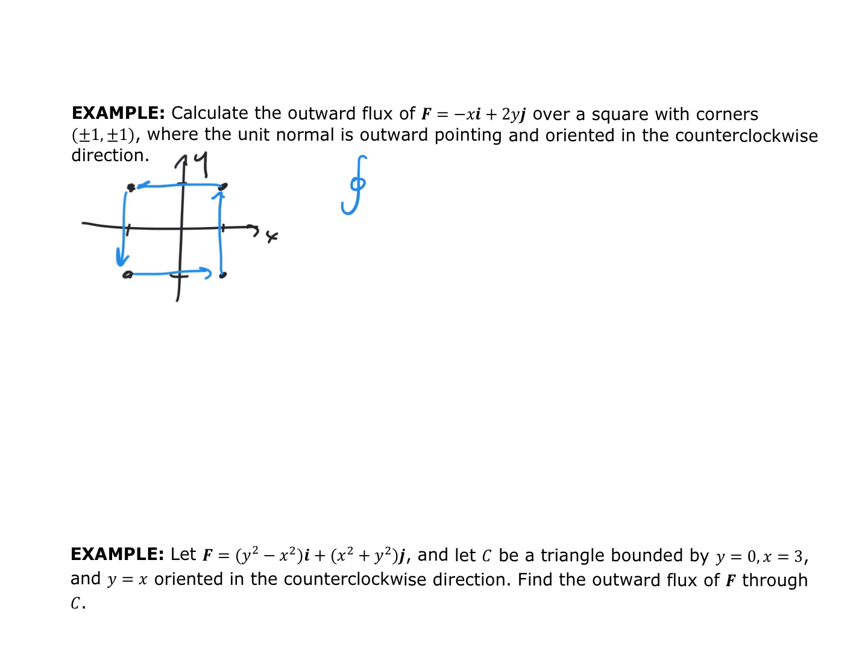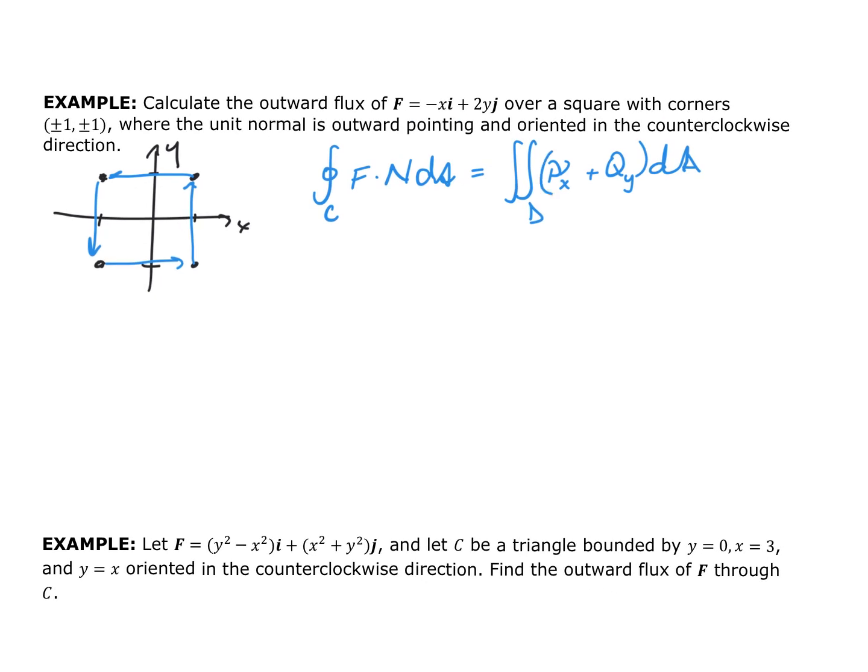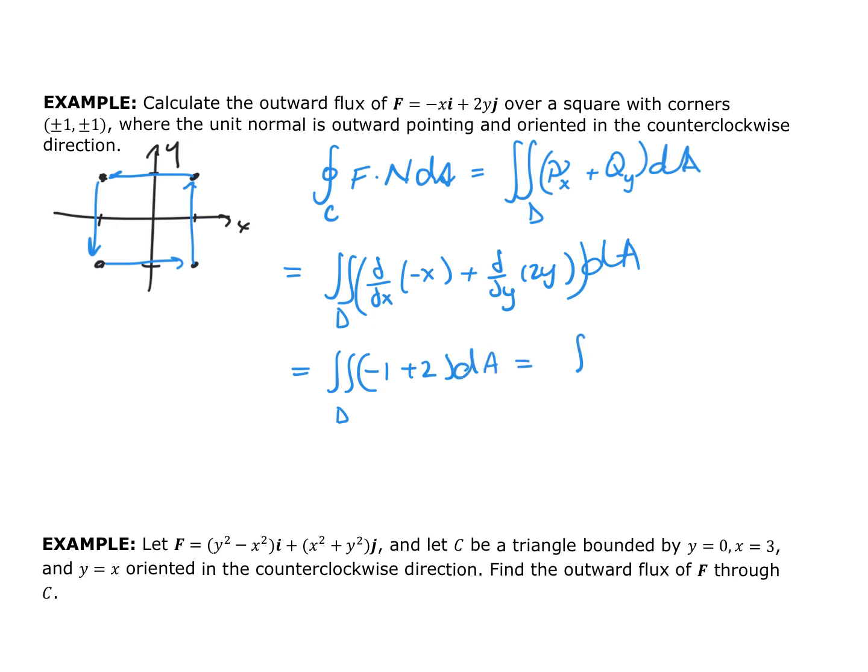So the flux along the curve C of F dotted with n ds has to be equal to the double integral over the region D of the partial of P with respect to x plus the partial of Q with respect to y, dA, which is going to be equal to the double integral over the region D of the partial with respect to x of negative x plus the partial with respect to y of 2y dA, which is going to be the double integral over the region D of negative 1 plus 2 dA, which is going to be the double integral over the region D of dA, which is just the area.